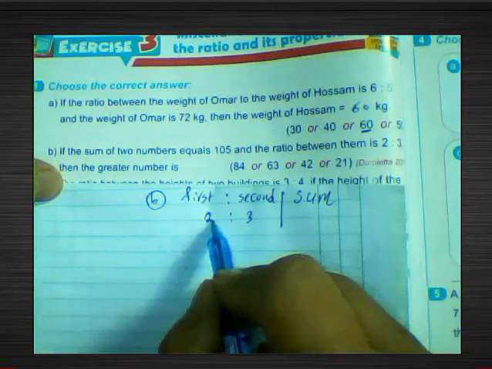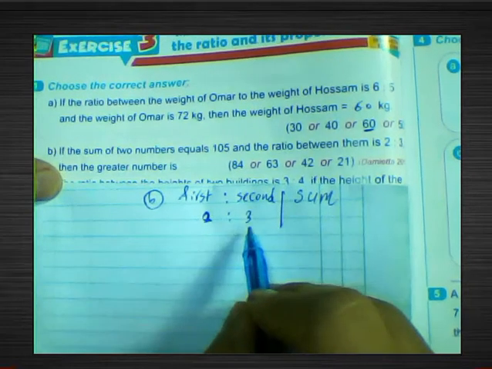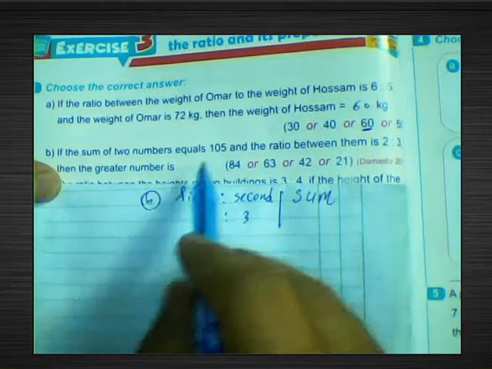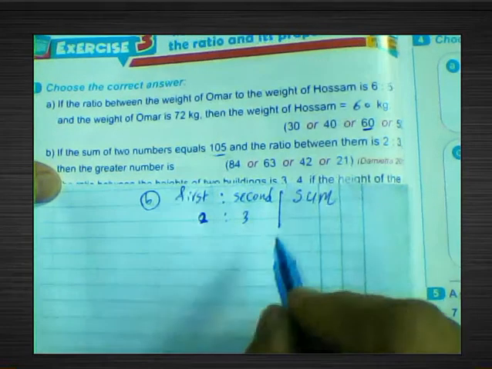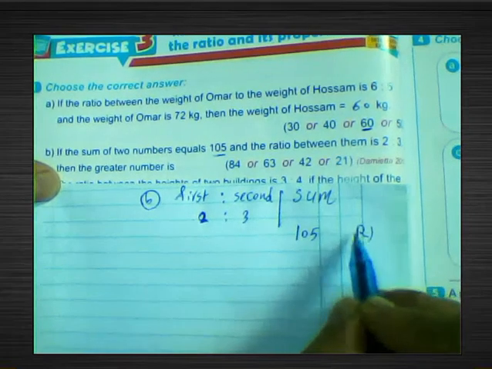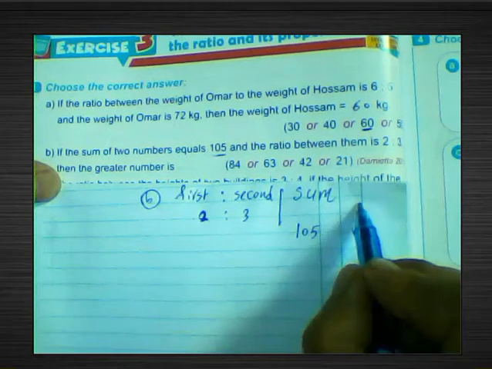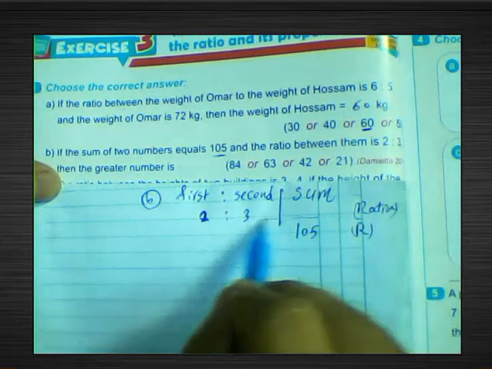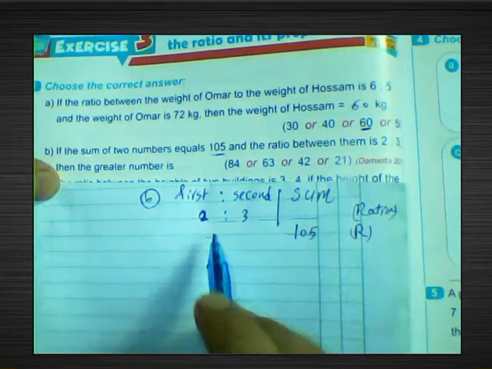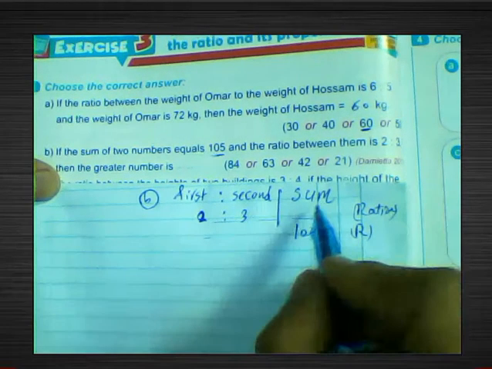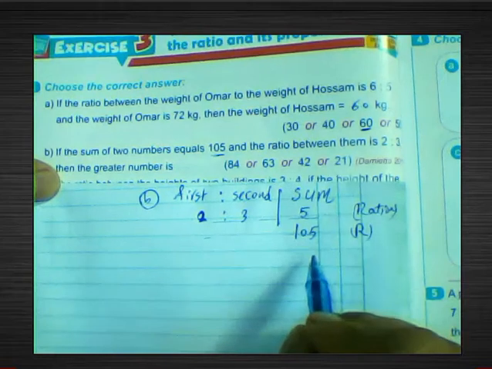The first is 2, the second is 3, and the sum of them equals 105. We put 105 in the real number line here, and this is the ratio. So we have two lines. The first line is the ratio between the first and second, and the sum of them equals 5.